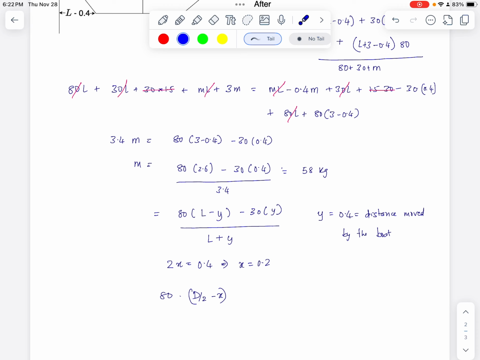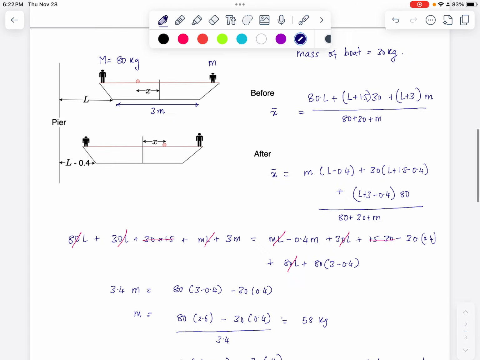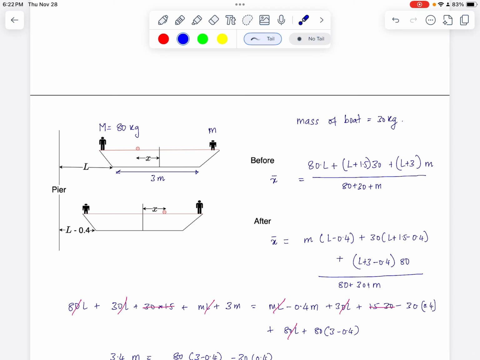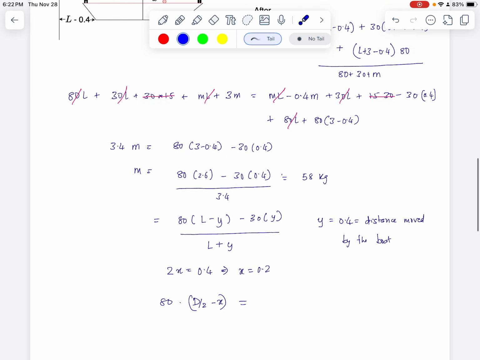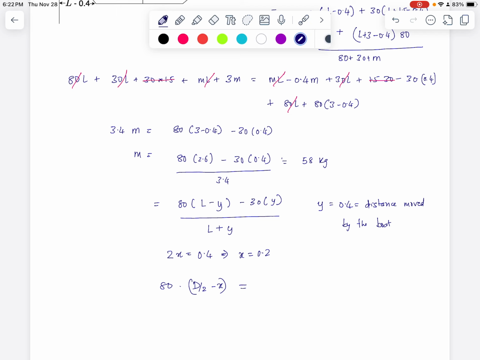Okay, so that equals, so the weight of the boat acts through the center, so x times 30. Okay, so that equals 30 times x, right?